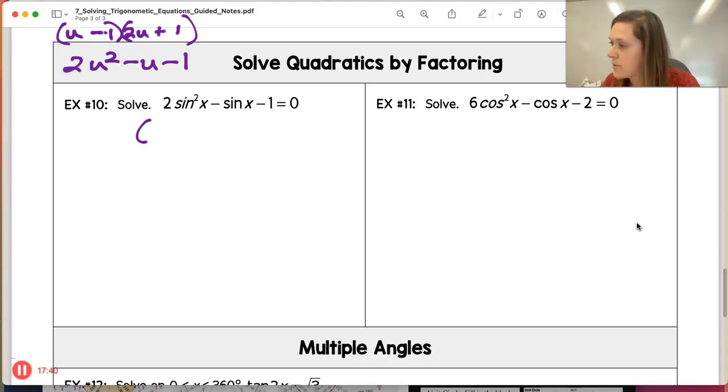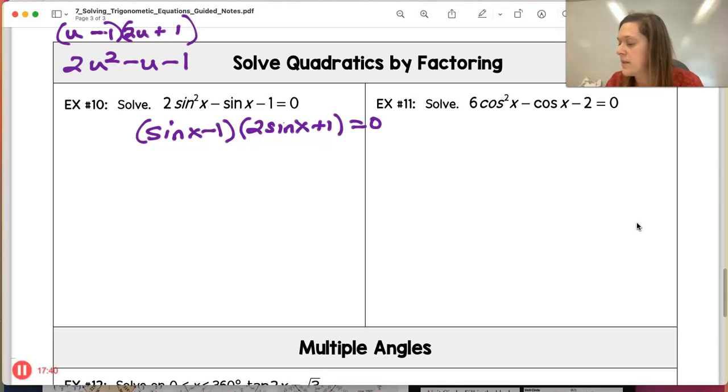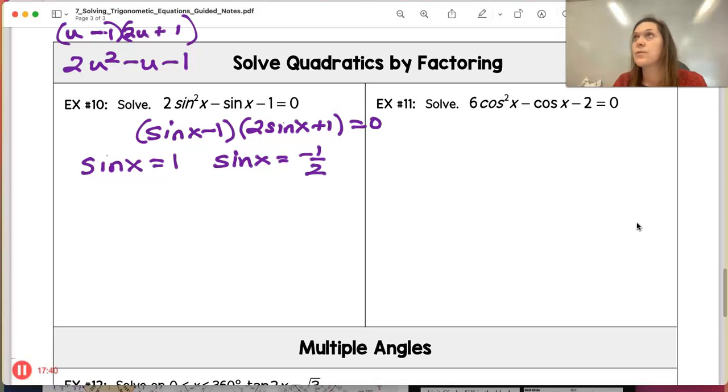So that goes to, what I have, sine of x minus 1 and 2 sine of x plus 1 is equal to 0. So that gets us sine x equals 1, sine x is equal to -1/2. So when is our sine x going to be equal to 1?